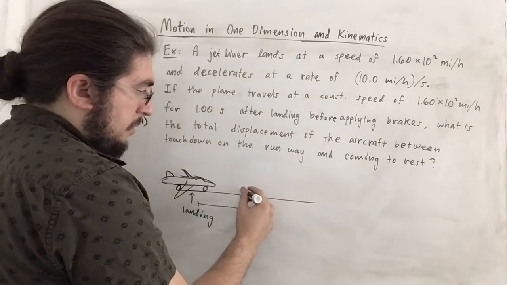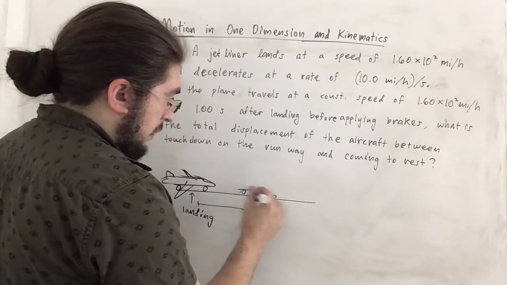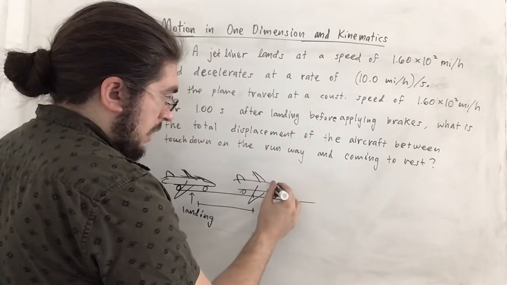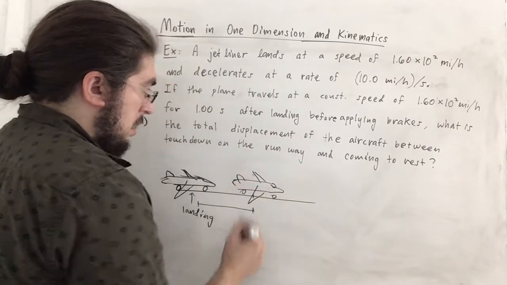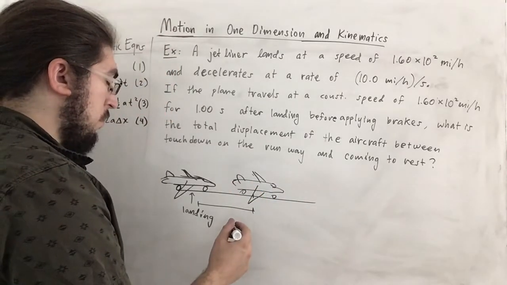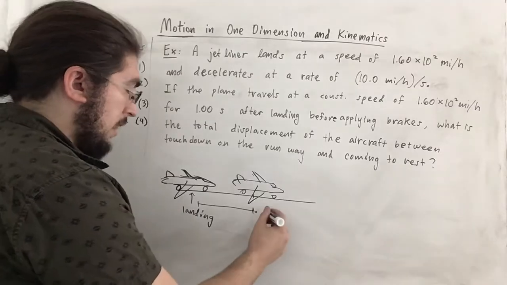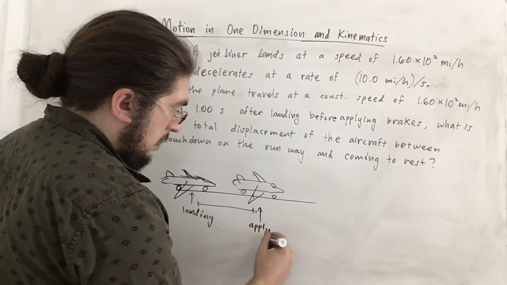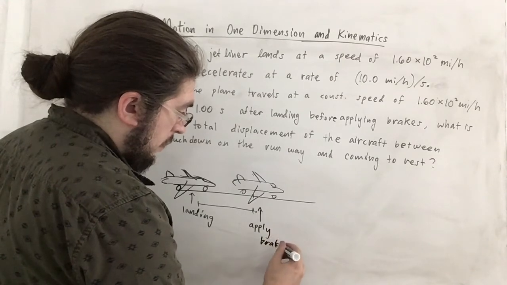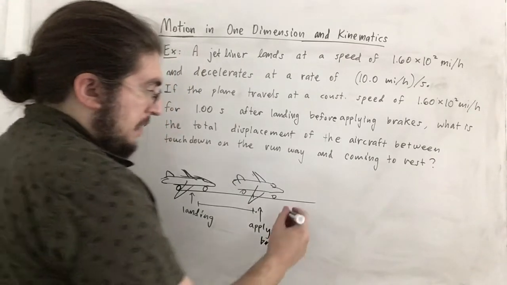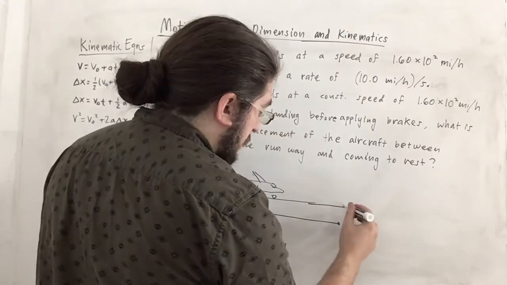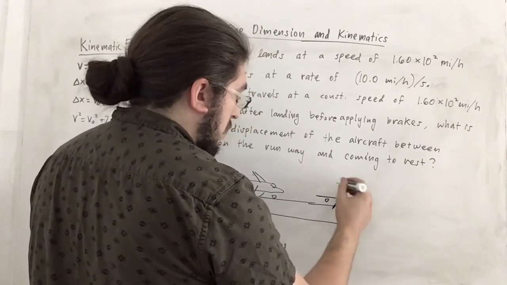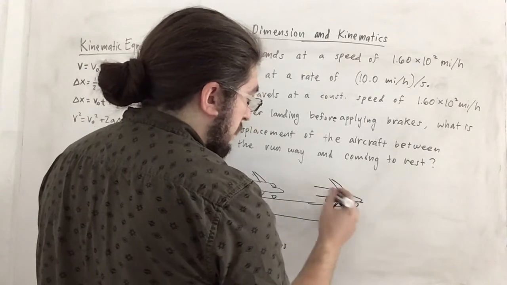And then over here, some place along the line, imagine something like that, we end up at the point where we actually start braking. So this is where we apply brakes. And then finally, the plane will be over here, in other words, where we stop moving.